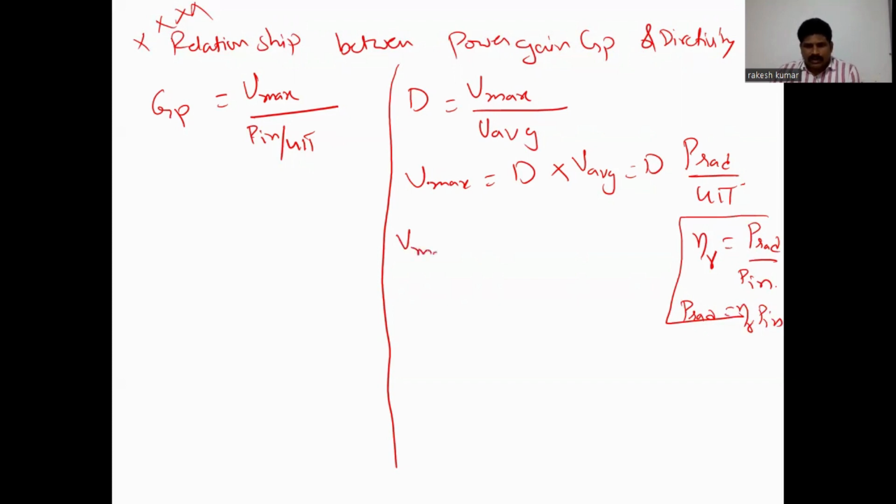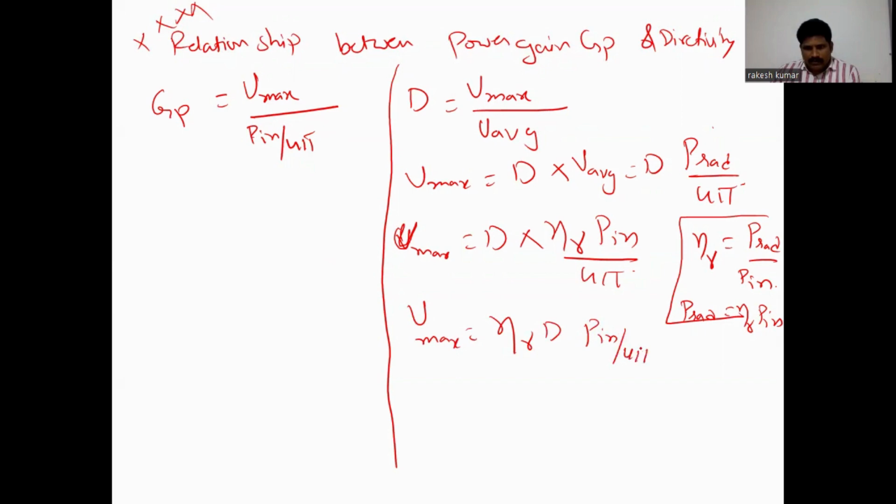Therefore, U max is equal to directivity into, in the place of P radiated, I will simply replace efficiency into P input by 4 pi. So this is the formula for U max: U max is equal to eta R into D into P in by 4 pi.